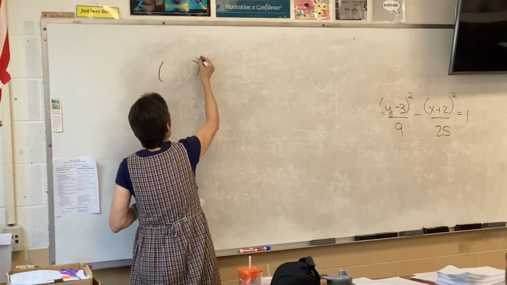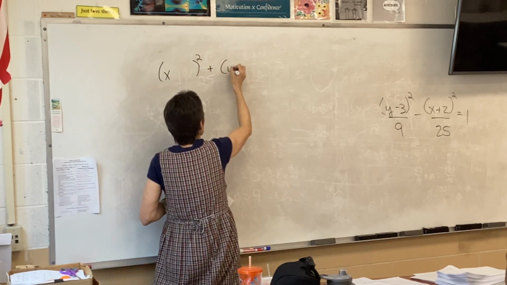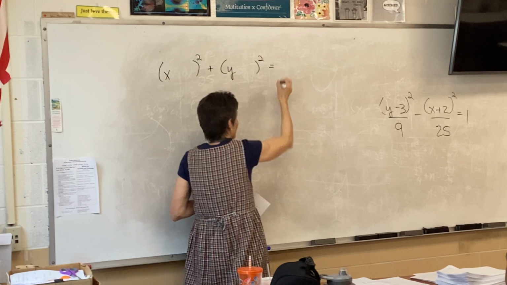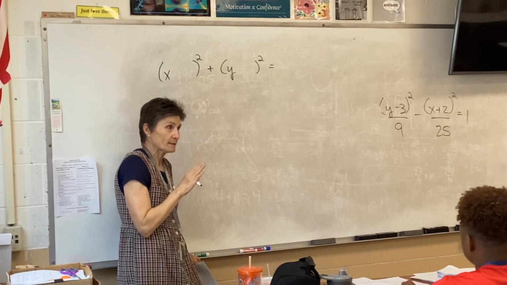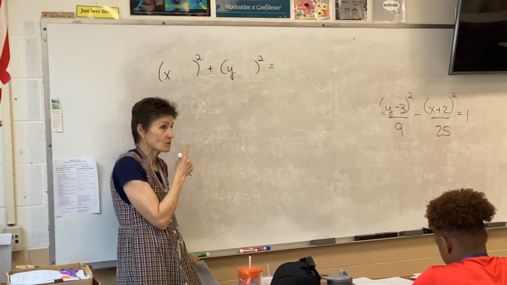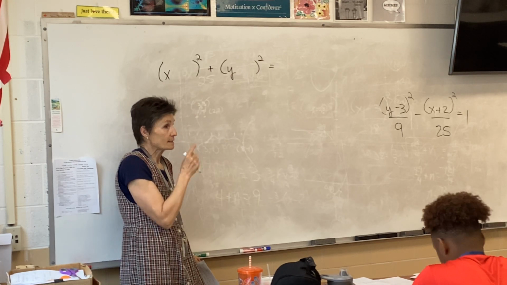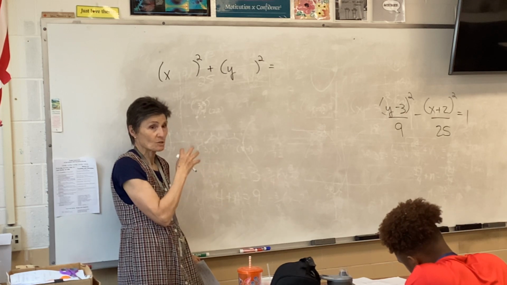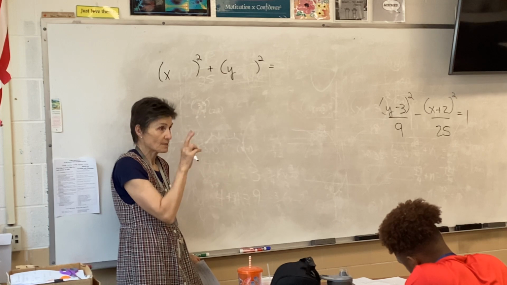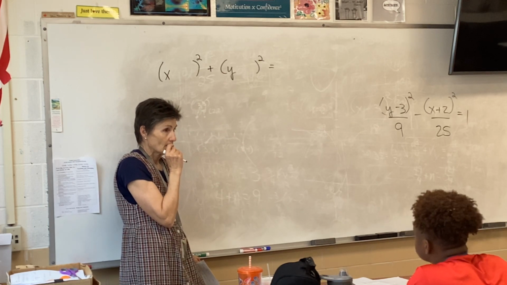You have to remember that a circle is an x squared plus a y squared equal to a number. Do you remember that? This is why we're pulling it all together. That's what the equation of a circle is. It's not a parabola, it's not an ellipse, it's not a hyperbola. This is what a circle looks like. It has two squares but no denominators. Okay?